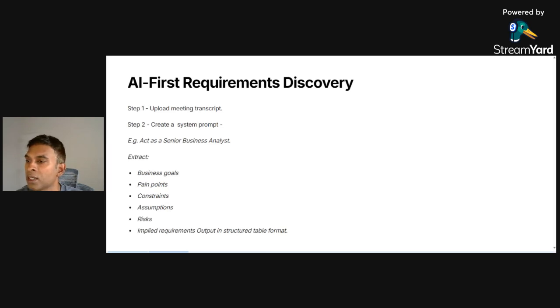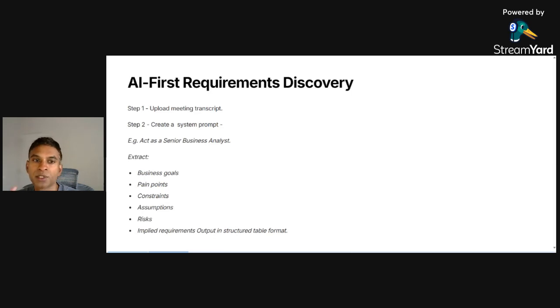Out of this meeting transcript, extract the business goals, pain points, constraints, assumptions, risks, and any improved requirements in a structured table format. It is important to let the AI know that we want the output in a structured format, otherwise it comes out as JSON or just documentation.